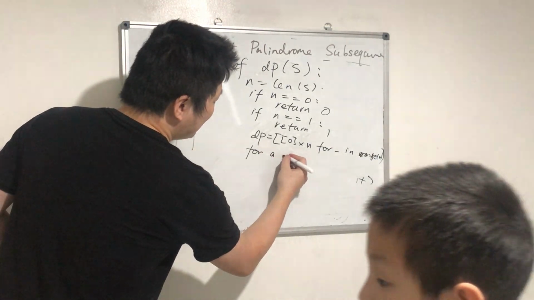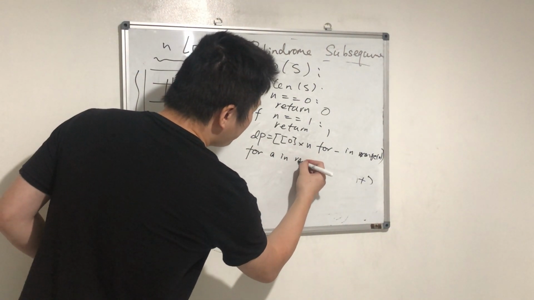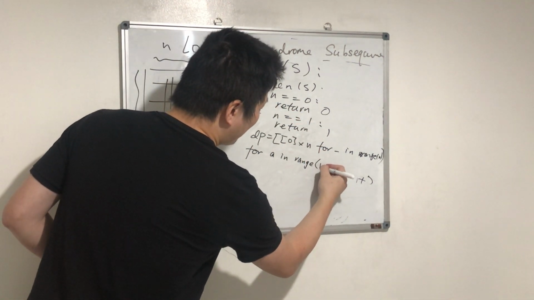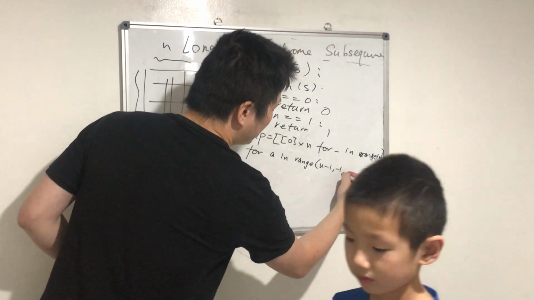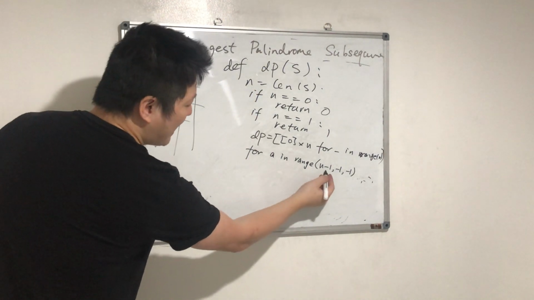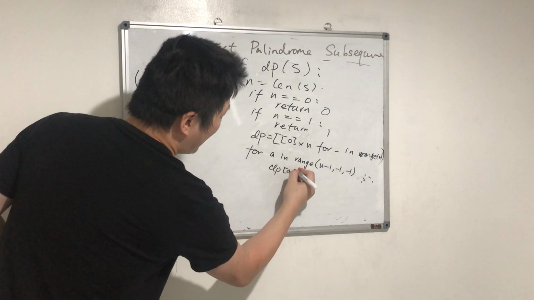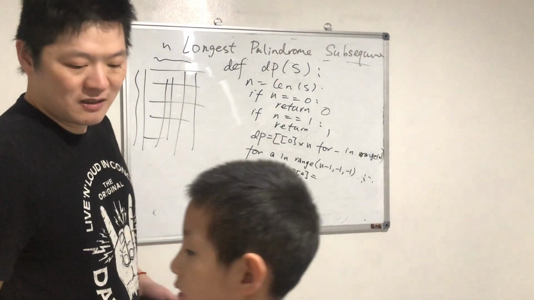For A in range, we can start from N minus 1 down to 0. Then we fill in dp[A][A] equals what?